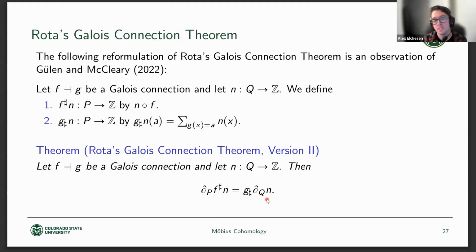Or I can first Möbius invert n in Q, and then push it forward under G. And those two things should give us the same thing. And that's completely equivalent to the formulation involving the Möbius functions that I showed you before. So this is the statement that we're going to try to categorify.